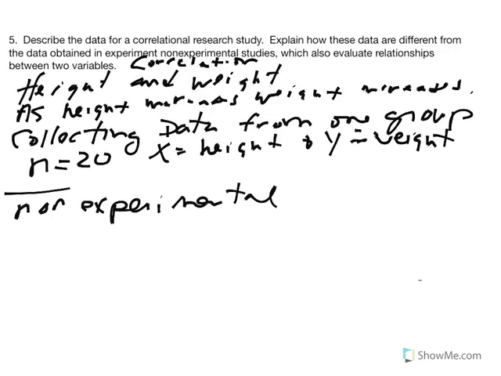Okay, so non-experimental requires two groups, but those groups are created via a quasi-independent variable. A perfect, ideal example would be males versus females. So we have the construction of two groups, whereas correlation studies, one group.